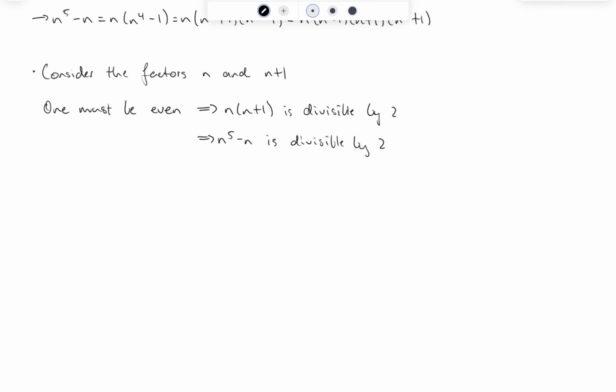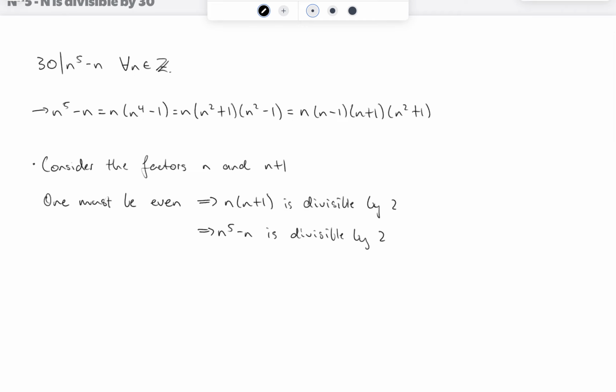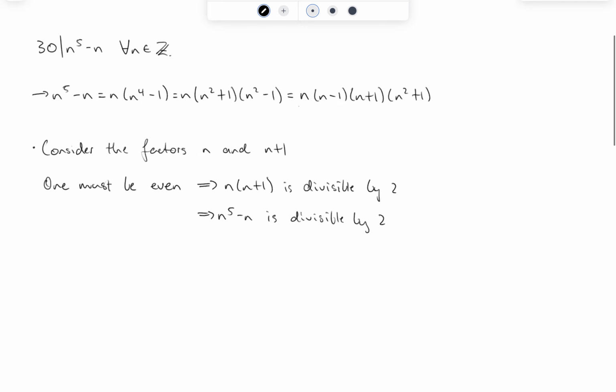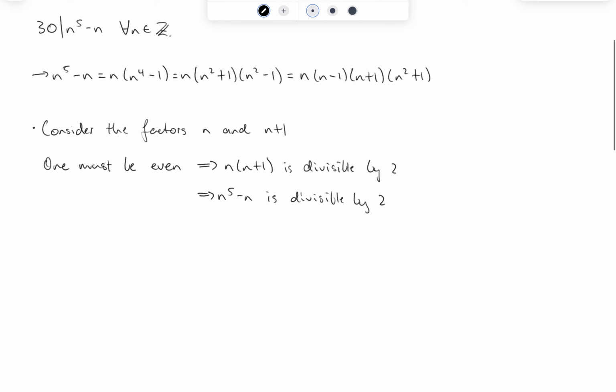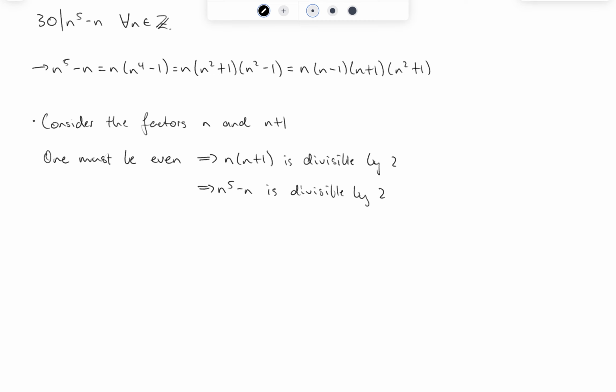So next, let's consider a trio of factors. Take these three, and we're going to use the consecutivity of those numbers. So now consider the factors.